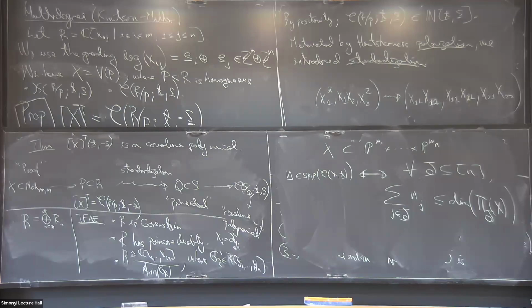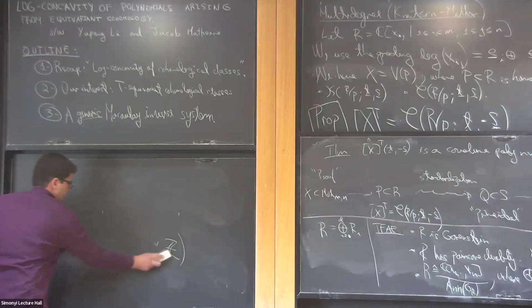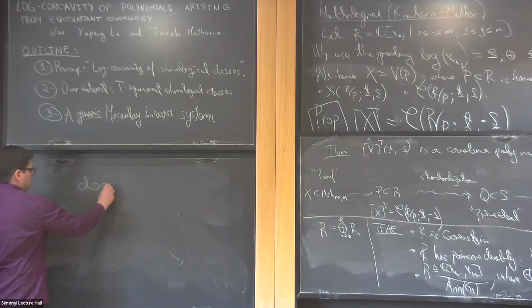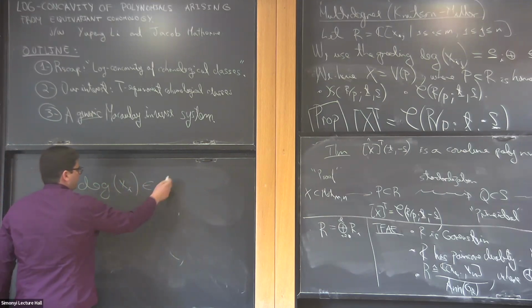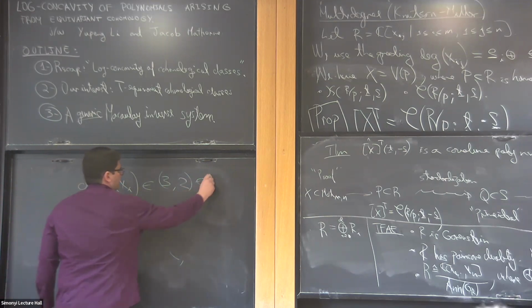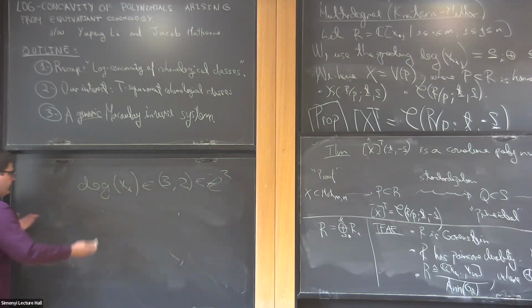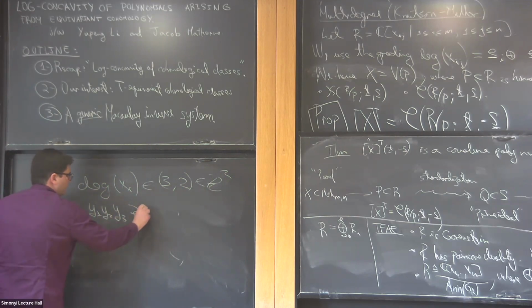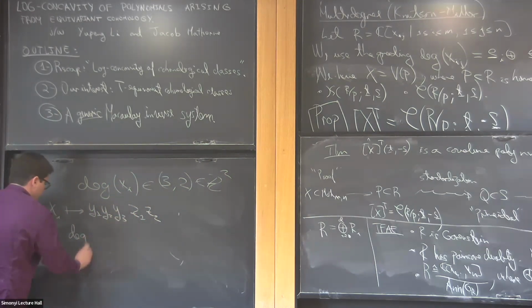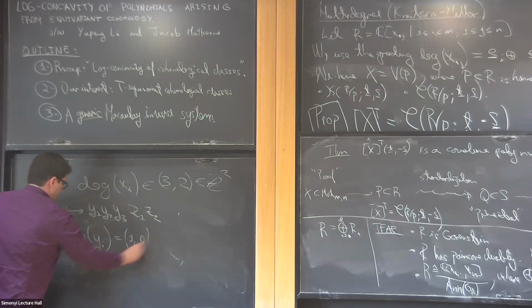So let's suppose that some variable xi has a degree (3,2), let's say inside Z^2, then you will be mapping xi to some variables, maybe y1, y2, y3, c1, and c2, where the degree of yi is (1,0), and the degree of ci is (0,1).